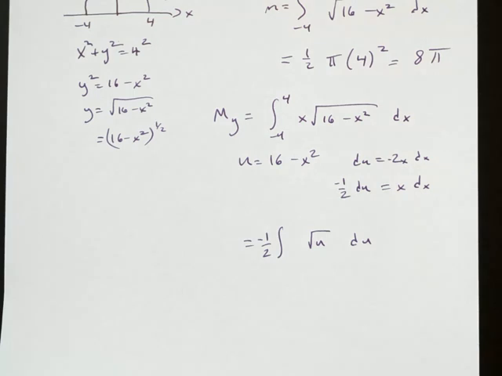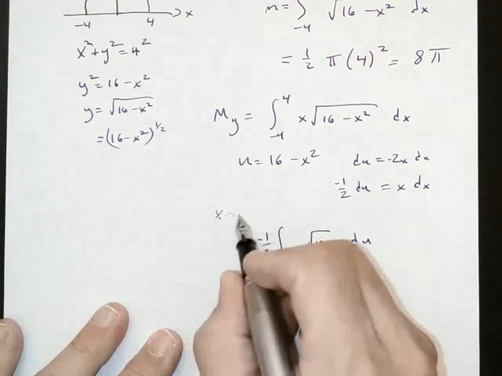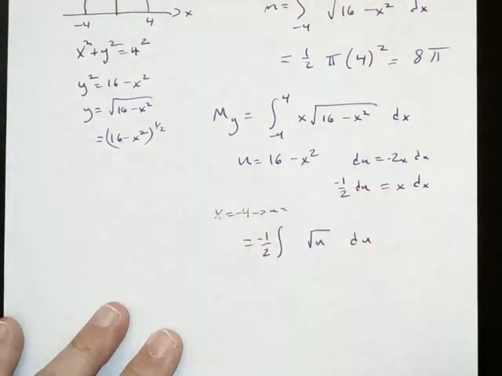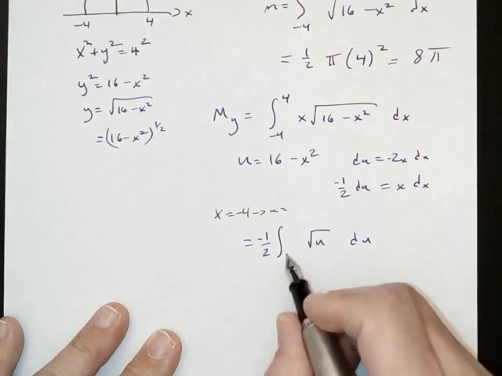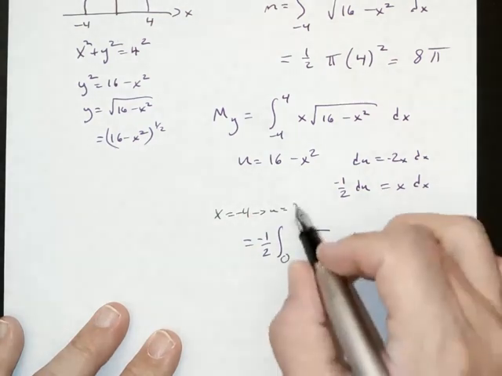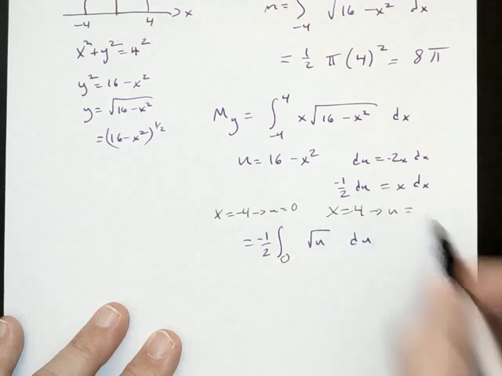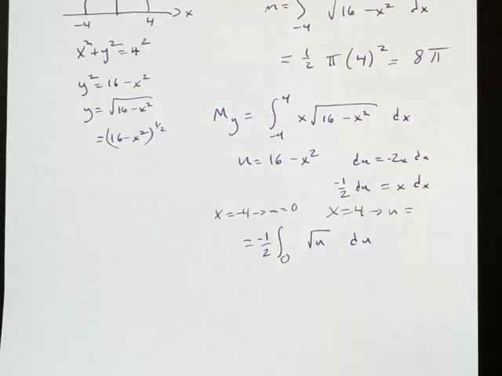You plug in the lower bound of x and the upper bound, like before. Okay, so if x is negative 4, then u is? Zero. And if x is positive 4, u is?